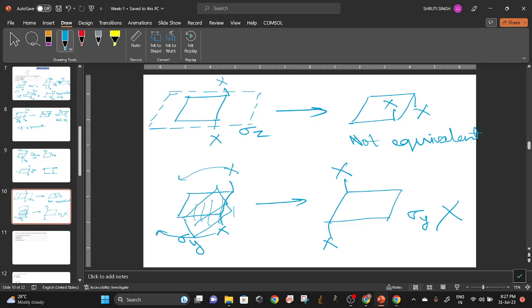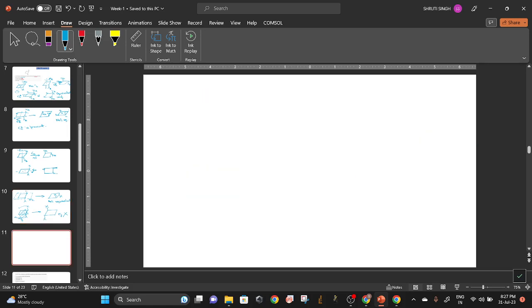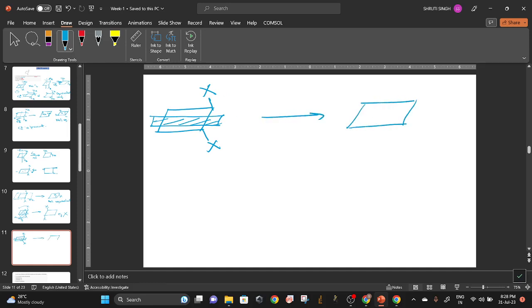Similarly you can check for sigma x. Sigma x will be like this plane. This will come here, this will go there. This will become down, this will become up.